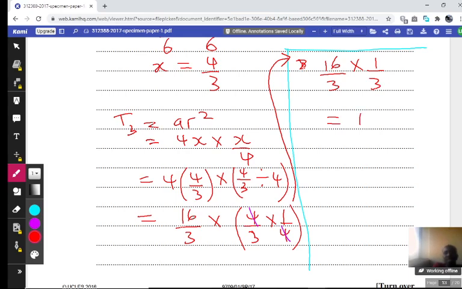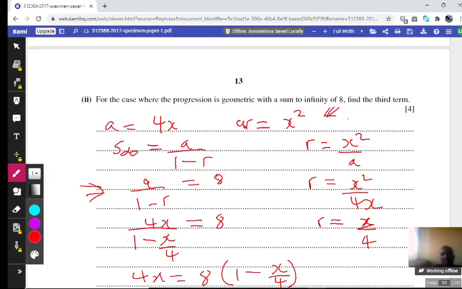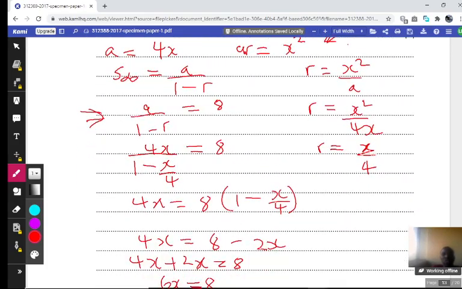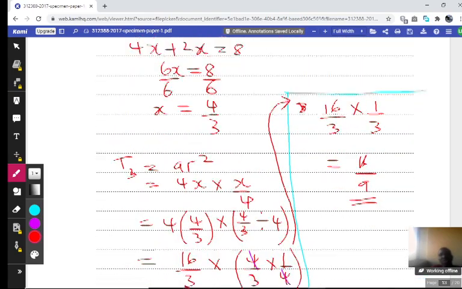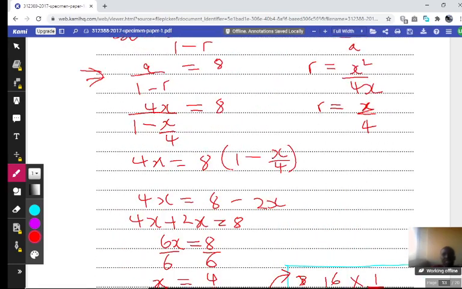You get 16 over 9. So that's the answer you get for the third term, and then we are done.